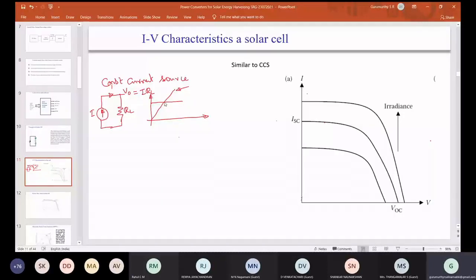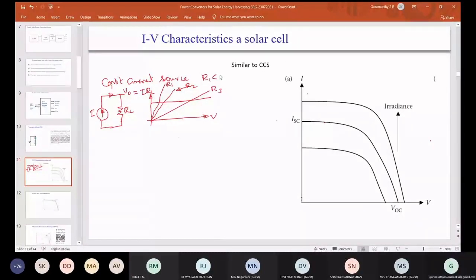This is just Ohm's law. Like this, for different resistor values, I will call them R1, R2, and R3. So R1 is less than R2, less than R3.